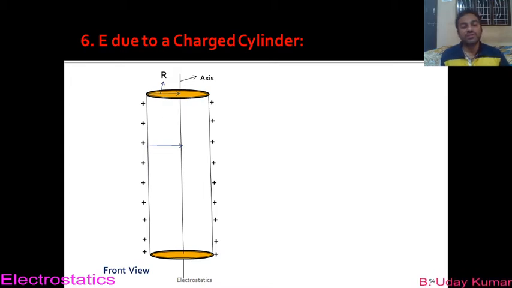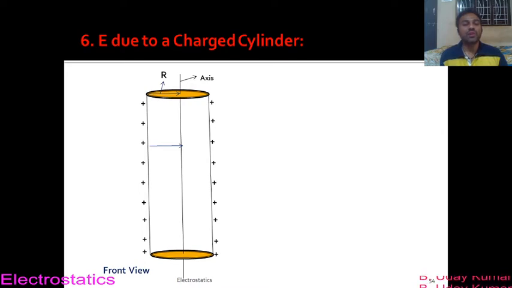First of all, we will try to understand what a charged cylinder is. Once you understand the system of the charge that is given to us, the derivation part is going to be very easy.